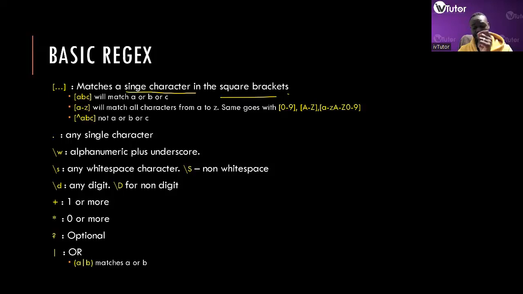But understand that the basis for using a square bracket is that it's going to match any character, which means it's going to match one thing. If I'm going to describe this A to Z here, I can describe it as matches any uppercase alphabetic character.